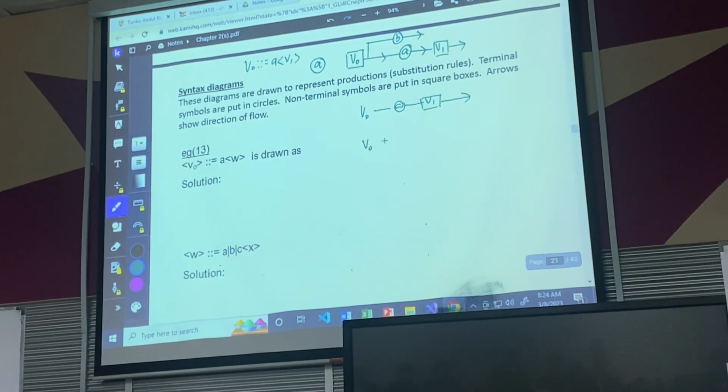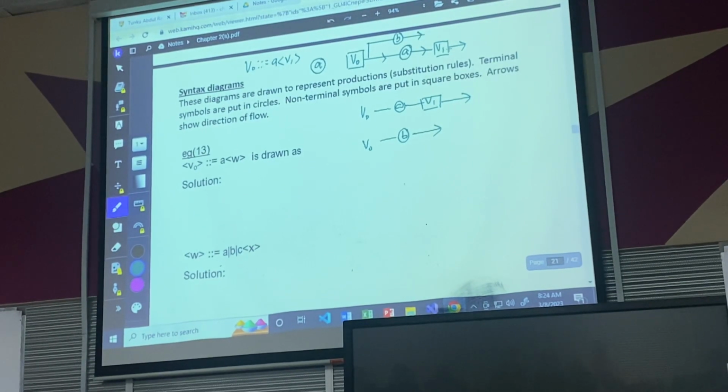Another one you can separate to B like this. Even though both of them substitute from V0, you can separate them into two different diagrams. One is A V1, one is B. For the syntax diagram, you can separate them. Later on, if we want to draw all in one, we need to combine all.